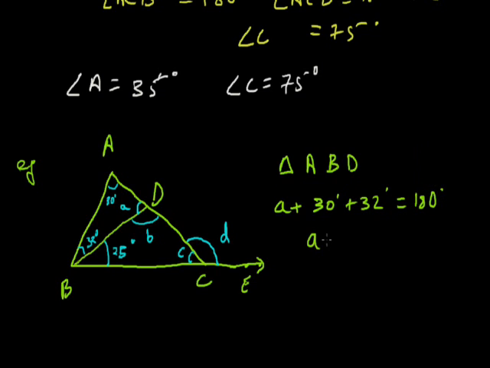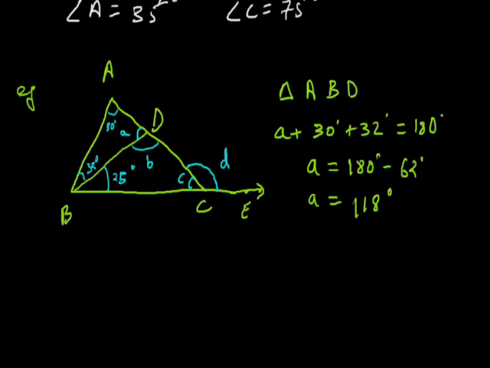On simplifying, we get angle A is equal to 180 degrees minus 62 degrees. So A will be equal to 118 degrees.